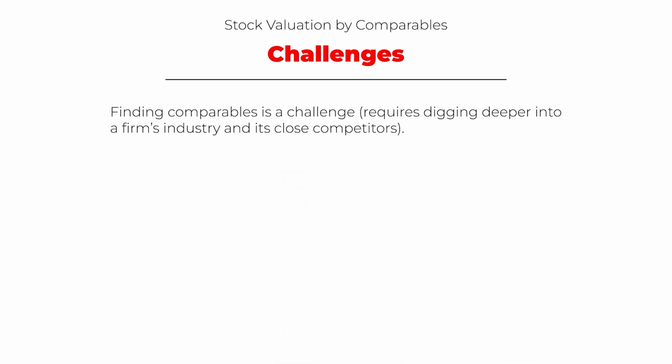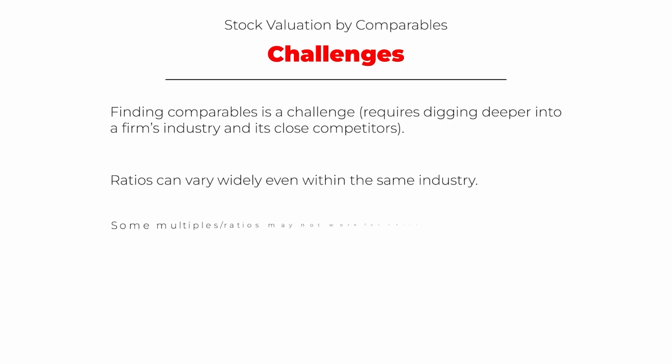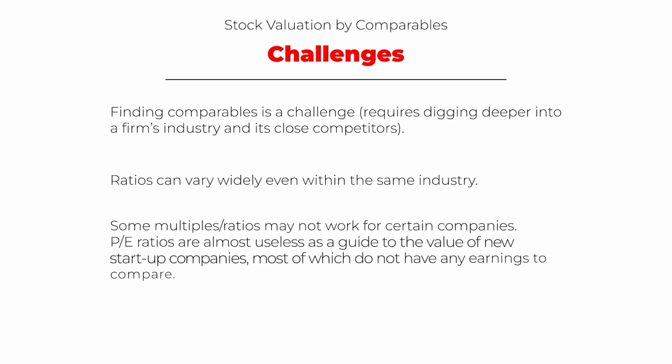Further, this approach assumes that comparables trade at similar multiples. However, this may not always be the case. In some industries, the value of multiples can vary widely within the industry. And finally, some multiples may not work for some industries or at least some companies.